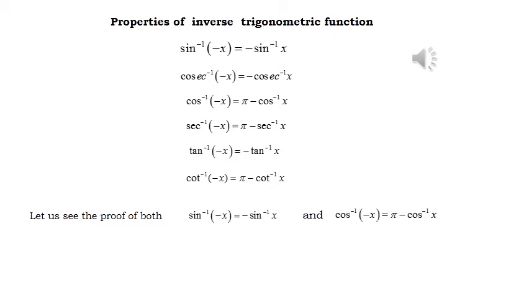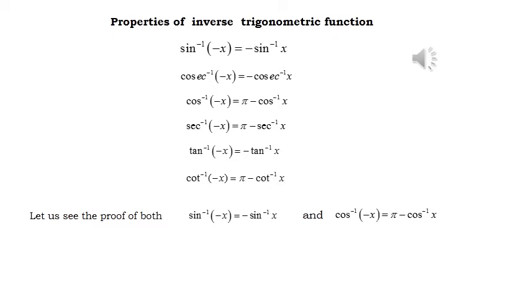What is the meaning of negative sine inverse of x? A negative angle. The negative angle with respect to the sine inverse function lies in the fourth quadrant, as does the negative angle for the cosecant inverse function. But in the case of the cos inverse function, the range 0 to pi covers the first quadrant and second quadrant.